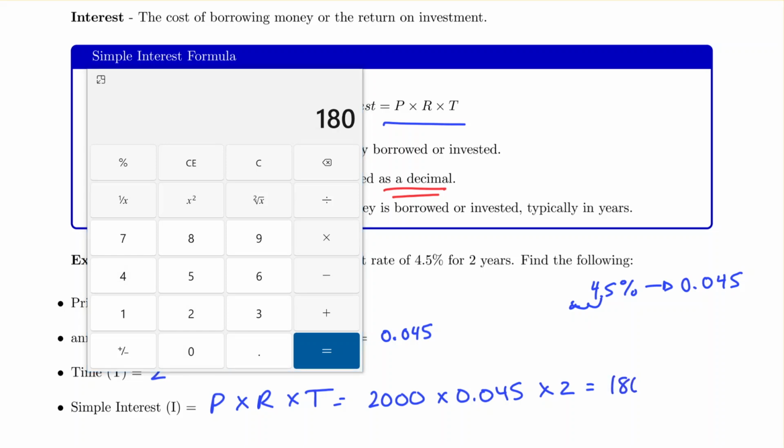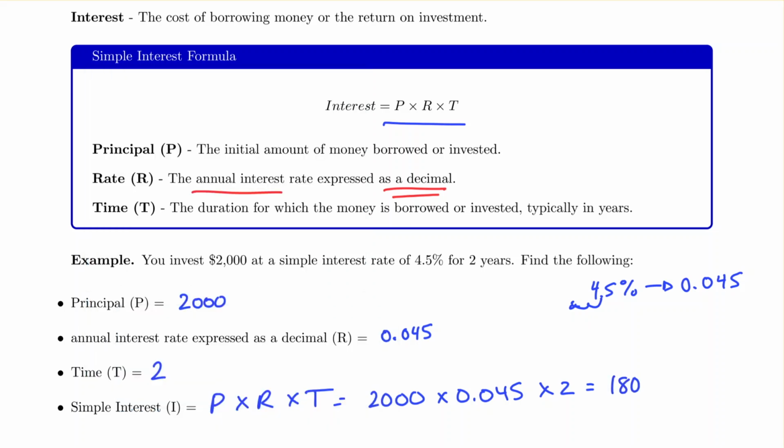And that's $180 that we would gain as interest on this investment. So in calculating simple interest, look for your principal, look for your rate, turn it into a decimal, and look for the time that the investment or loan is going for.